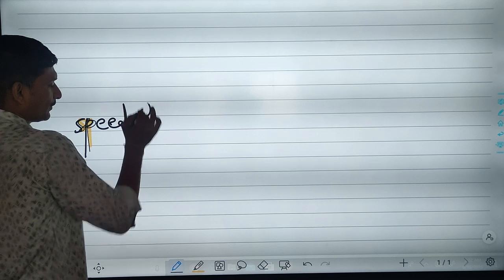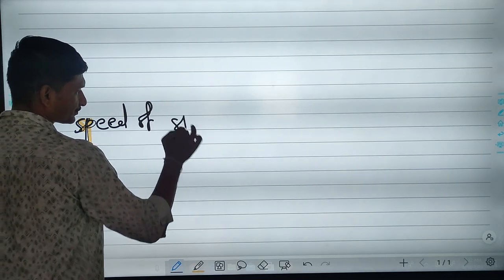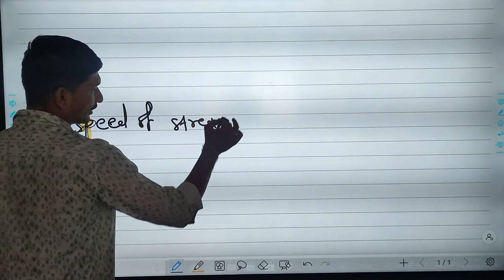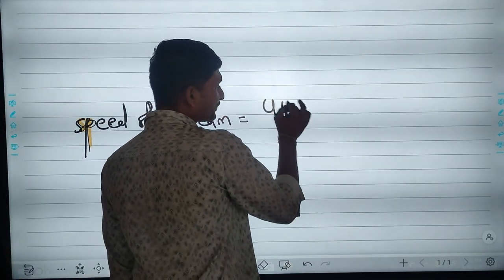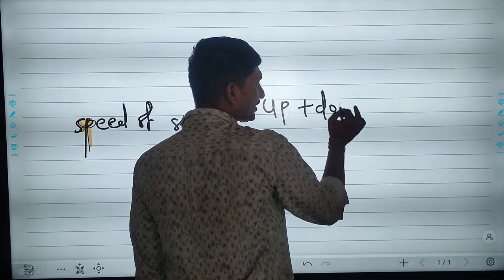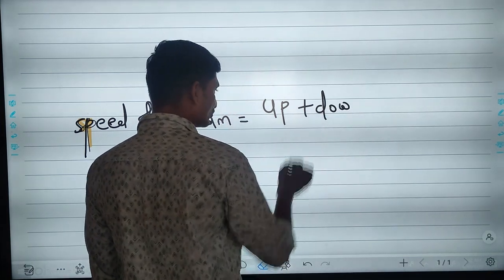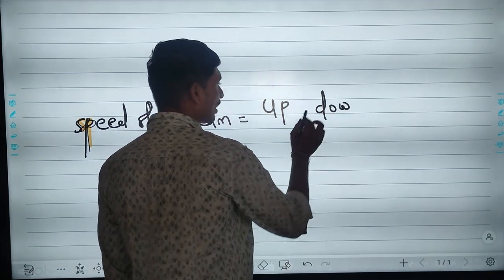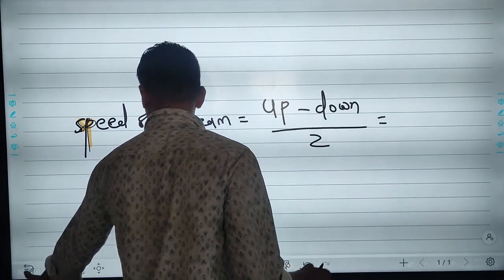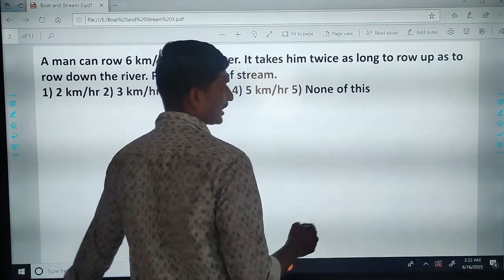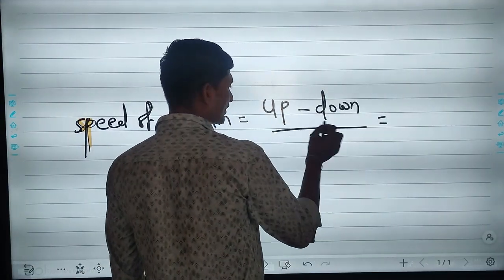Speed of stream is equal to downstream speed minus upstream speed divided by 2.